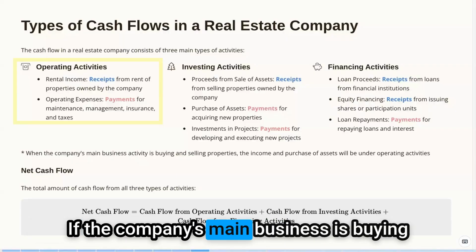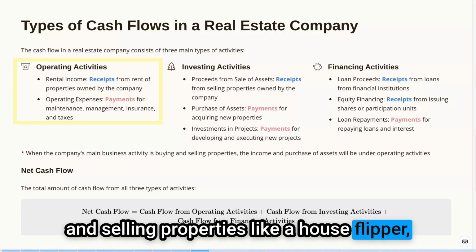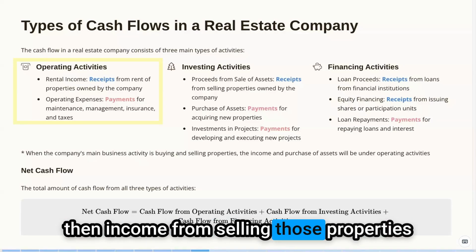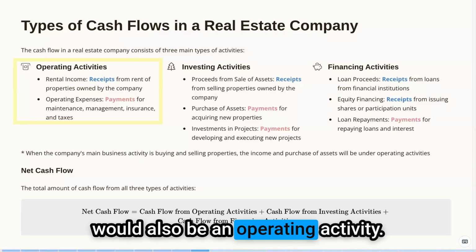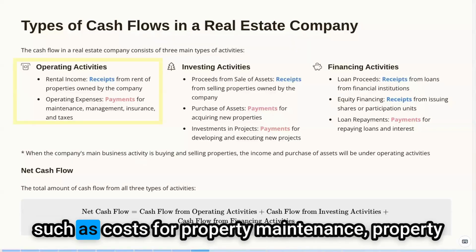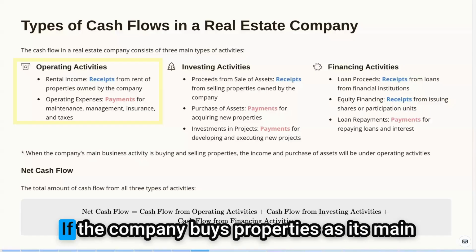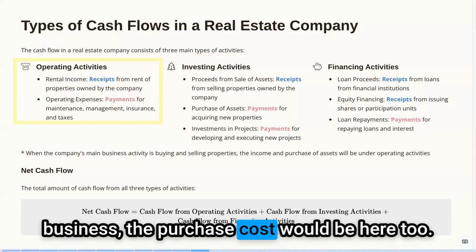If the company's main business is buying and selling properties, like a house flipper, then income from selling those properties would also be an operating activity. Outflows, payments. These are operating expenses such as costs for property maintenance, property management fees, insurance, and property taxes. If the company buys properties as its main business, the purchase cost would be here too.